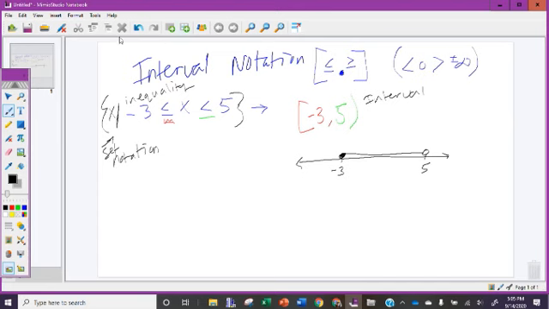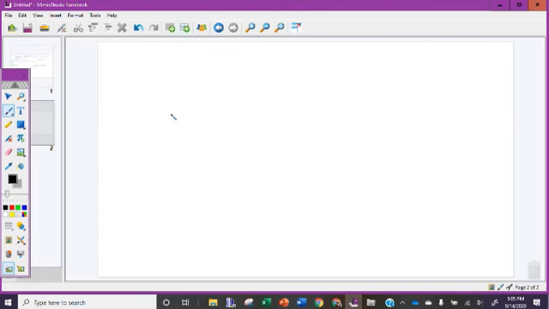So, doing a couple more. I have x is greater than 2. As an inequality, what this is really saying is that x is greater than 2, but less than positive infinity, right?